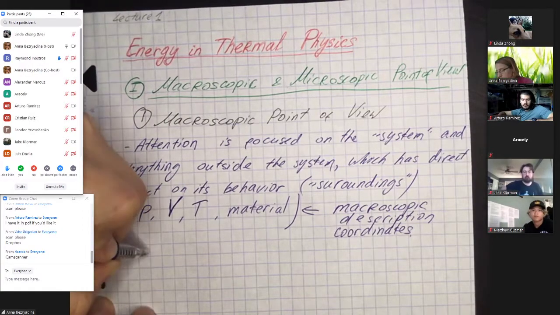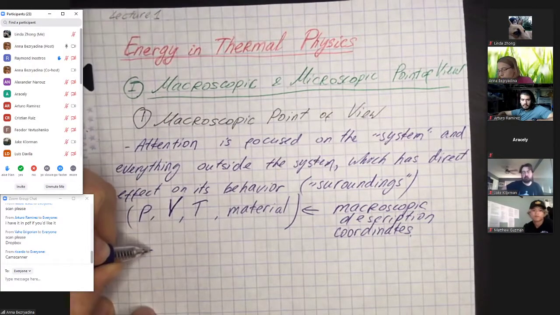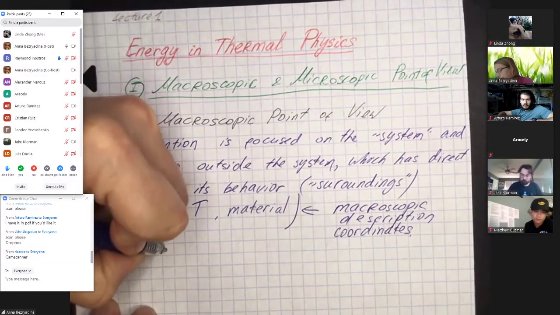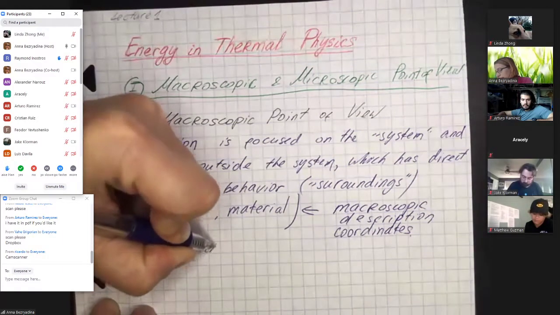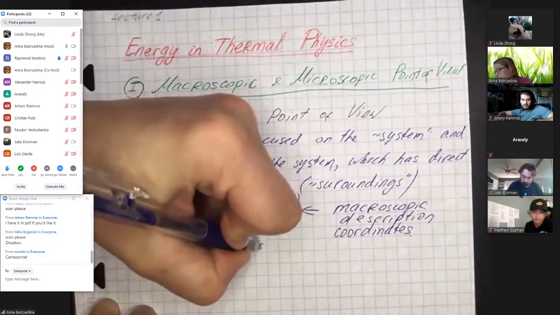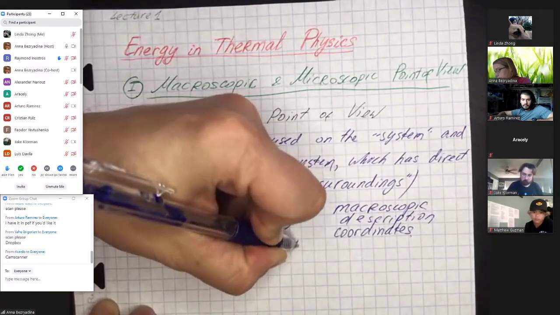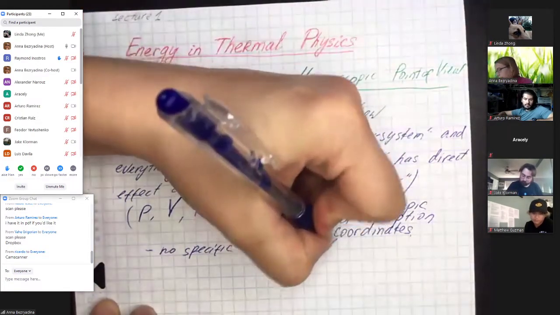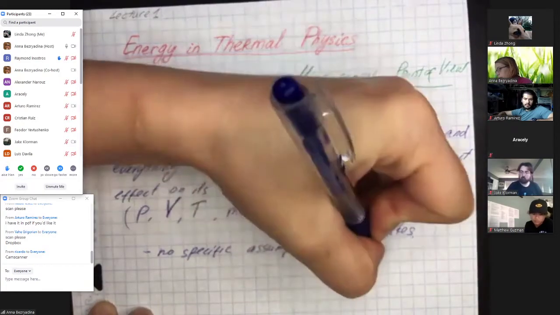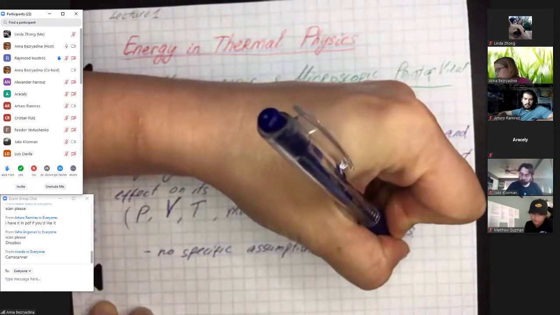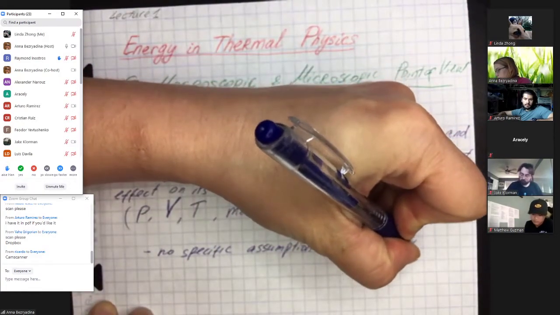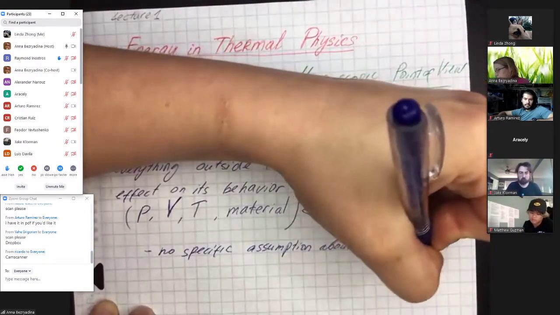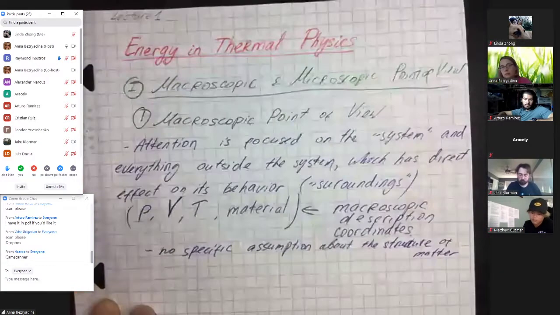So a few small subpoints. We have no specific assumption about the structure of matter.